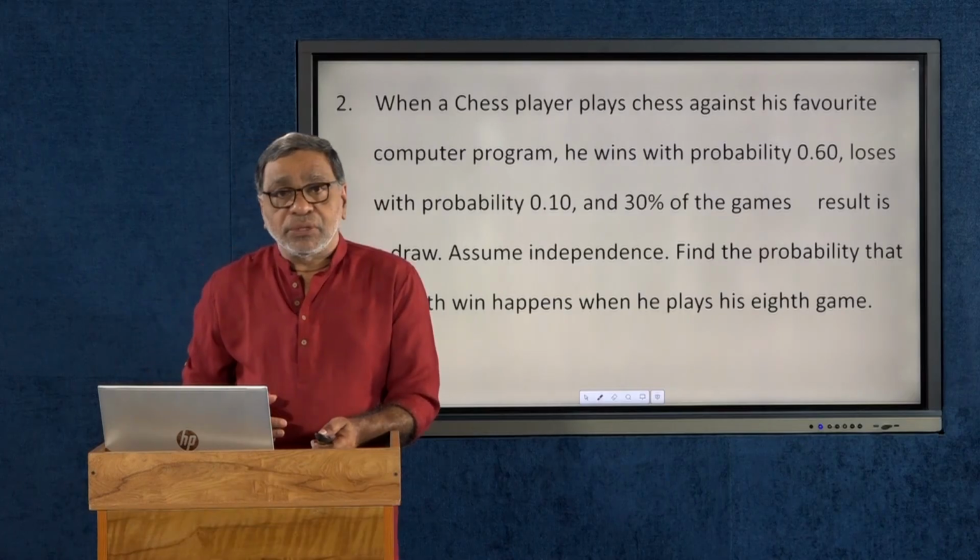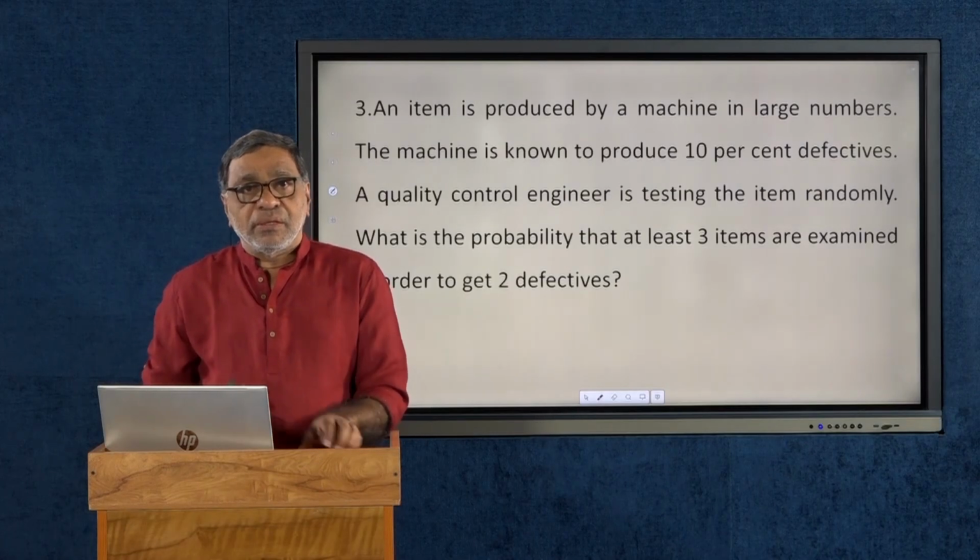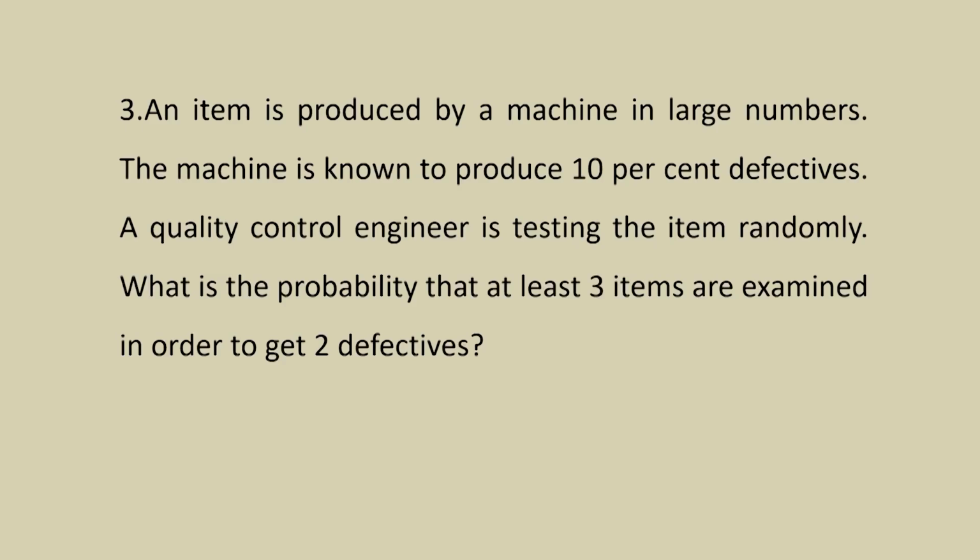So, next example you consider: an item is produced by a machine in large numbers. The machine is known to produce 10% defectives. A quality control engineer is testing the items randomly. What is the probability that at least three items are examined in order to get two defectives?